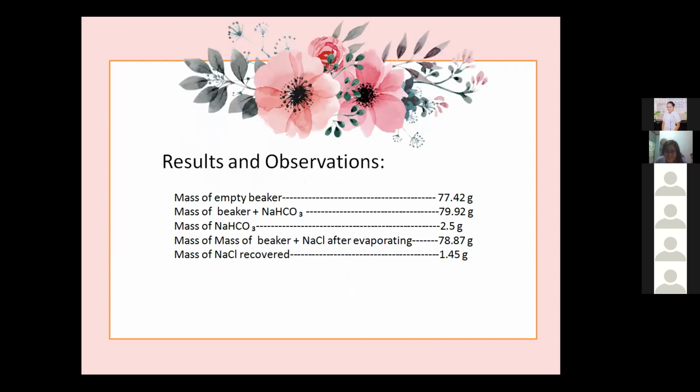We just added the given mass of the sodium bicarb and the beaker, so we got 79.92. For the mass of the beaker plus the sodium chloride, we just added the given actual yield of 1.45 grams and the weight of the beaker, 77.42, so it became 79.87 grams.